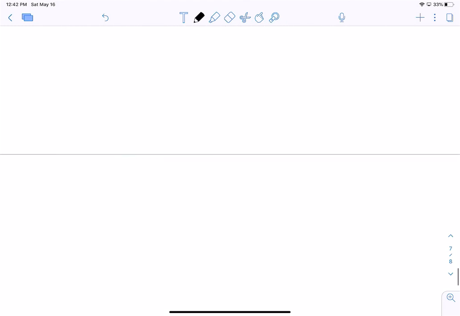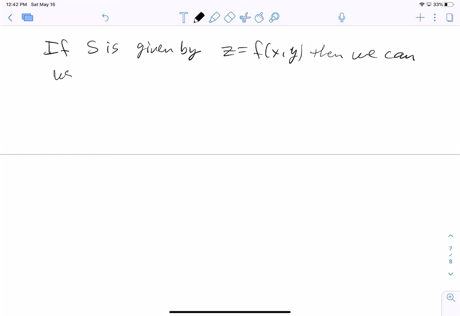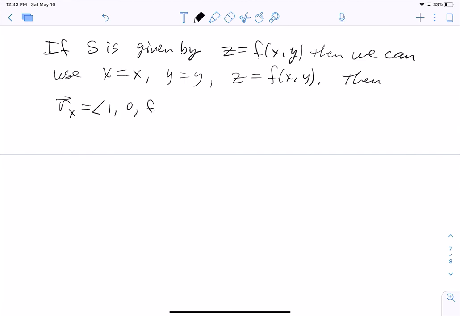If it turns out that S is given by z as a function of x and y, then we can use that x is x, y is y, and z is f(x,y). Then we would have that the partial of r with respect to x is (1, 0, partial of f with respect to x), and the partial of r with respect to y would be (0, 1, partial of f with respect to y).